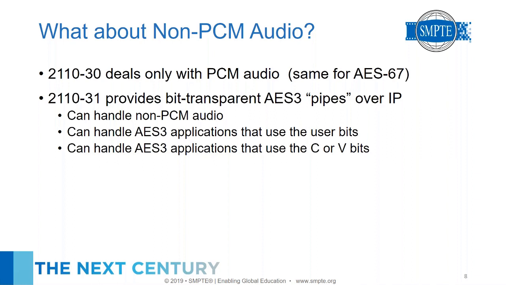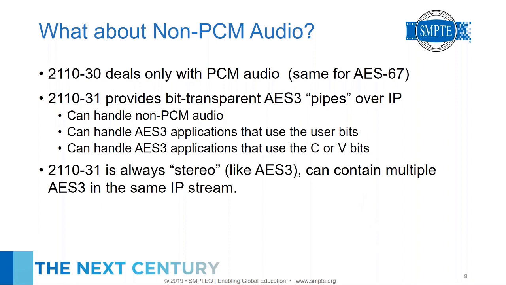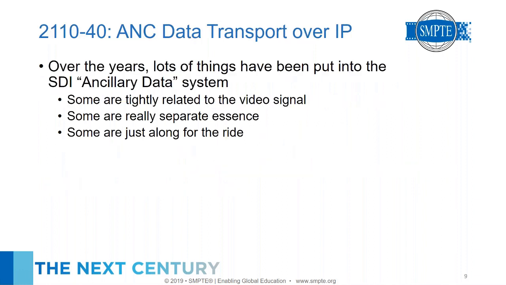Things are accommodated in the 2110-31 standard, so it provides operational flexibility to do that. Of course, AES3 always has two things inside, so 2110-31 always has a multiple of two things inside. You can bundle several together, but as you'd expect, it's always a stereo kind of pair, or at least two channels. They don't have to be a stereo pair.